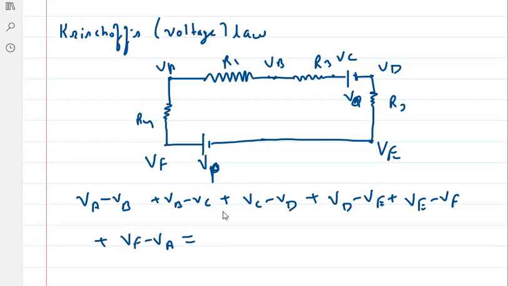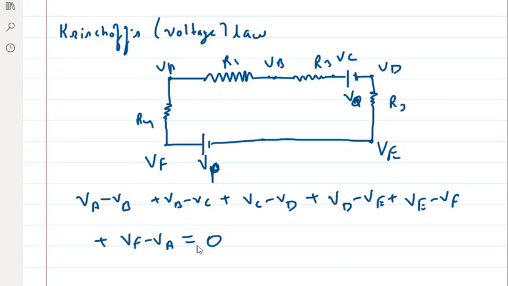Tell me, everyone, think about it. VB cancels, VC cancels, VD cancels, VE cancels, VF cancels, VA cancels. So everything will be zero, yes or no? As simple as that.